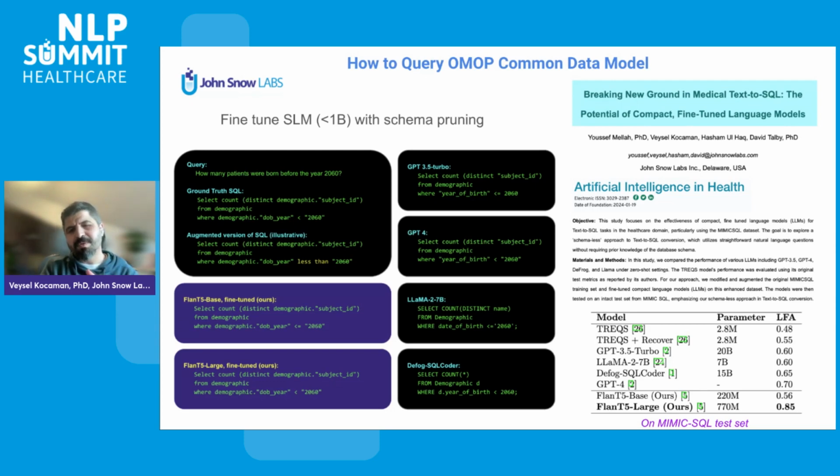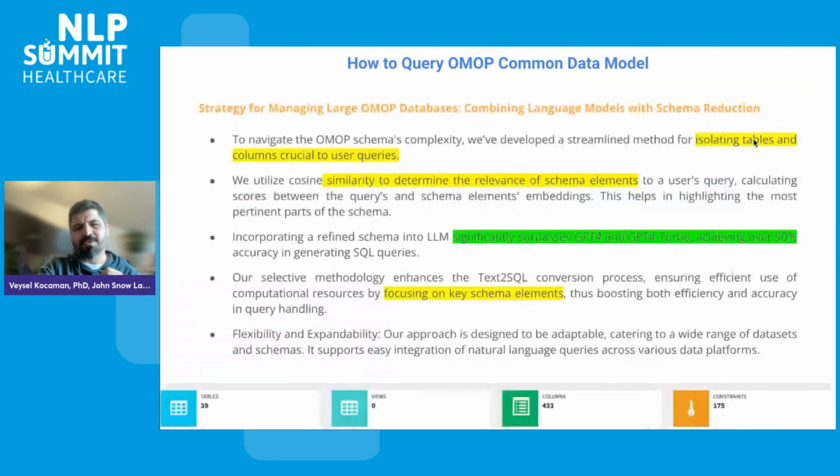So in this paper, we saw that even small language models, less than 1 billion, can beat GPT-4 or 20 billion size models easily if you do the schema pruning, without any schema provided within the prompt. Since we don't have time, I'm not going to cover this, but we will have a paper that you can read.